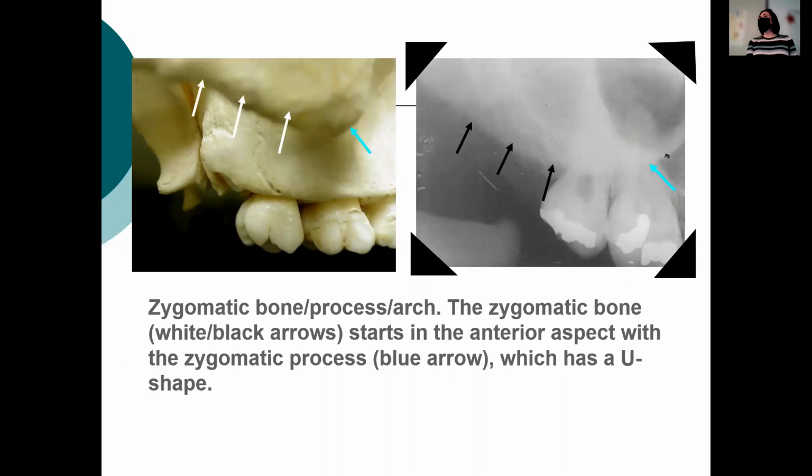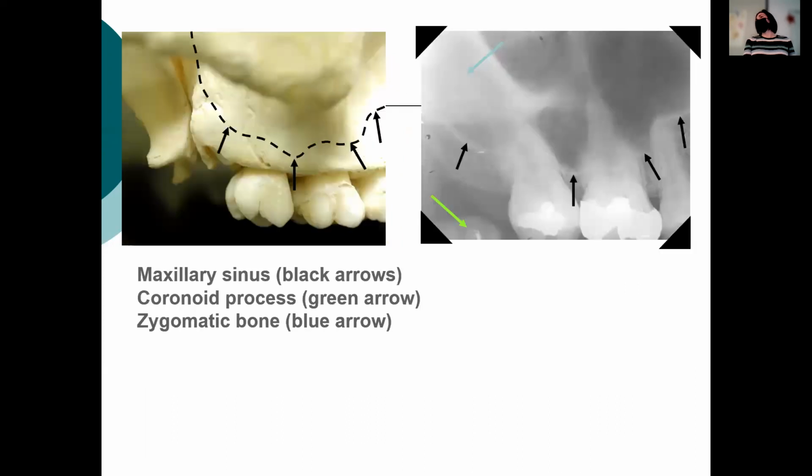And then here we have an image that shows a lot more of the body of the zygomatic bone, and then the process swoops over here. And we have the zygomatic process here. You can see more of the body through here. You can see the maxillary tuberosity, actually.